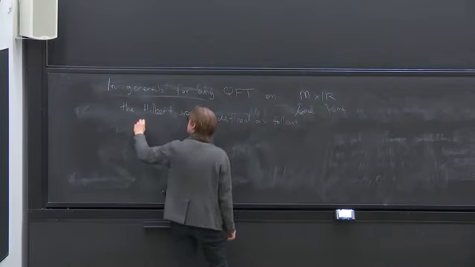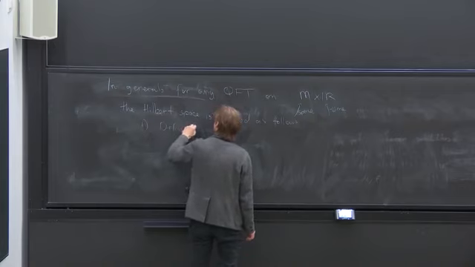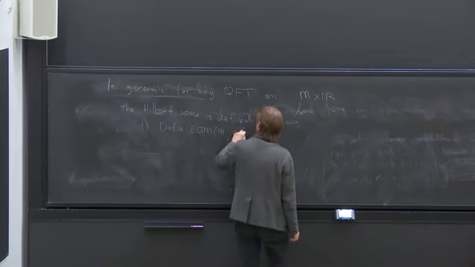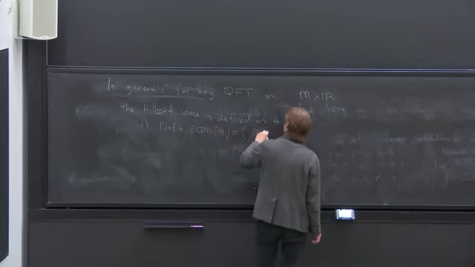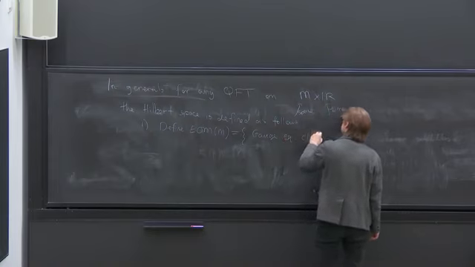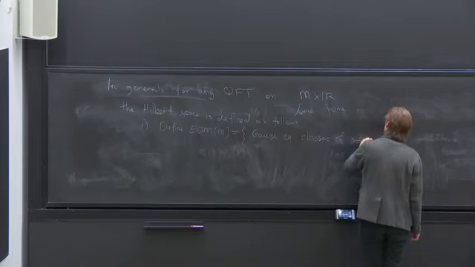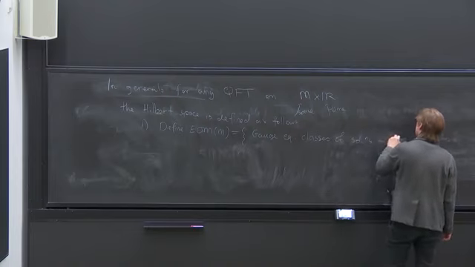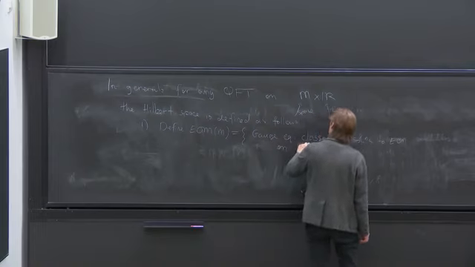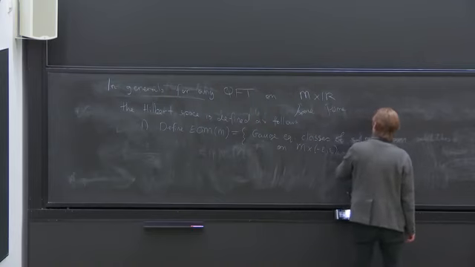Firstly, you define the space of solutions to the equations of motion on M to be the set of gauge equivalence classes of solutions to the equations of motion on M cross some very small interval, where epsilon is very small.